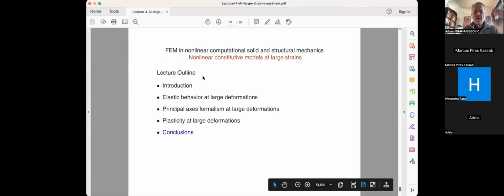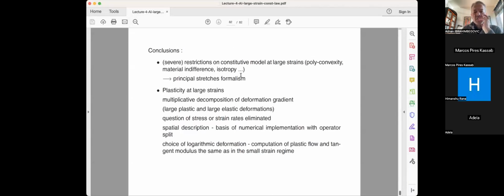So here, in terms of conclusion, what I've done is basically summarized here. I have introduced the type of restriction that one has to follow when building the constitutive model in the large strain, in the spirit of polyconvexity, material indifference, and isotropy. And it turned out that all of this could be followed with the principal stretches formalism.